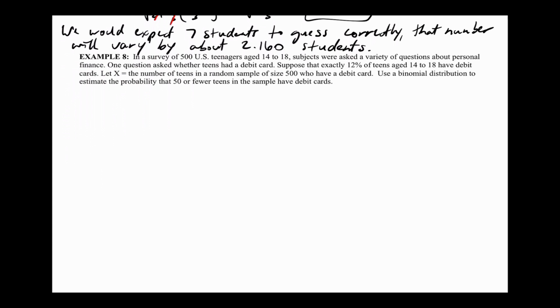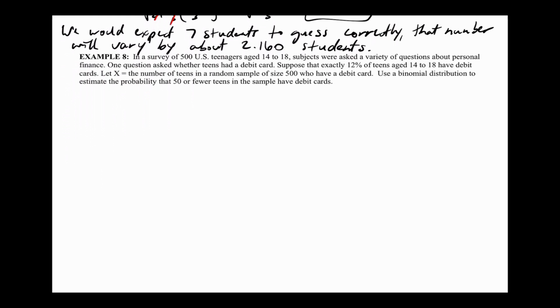So there's a what percent chance that a teenager has a debit card? 12%, okay? It says use binomial distribution, so we really don't have to check because it says use binomial distribution.